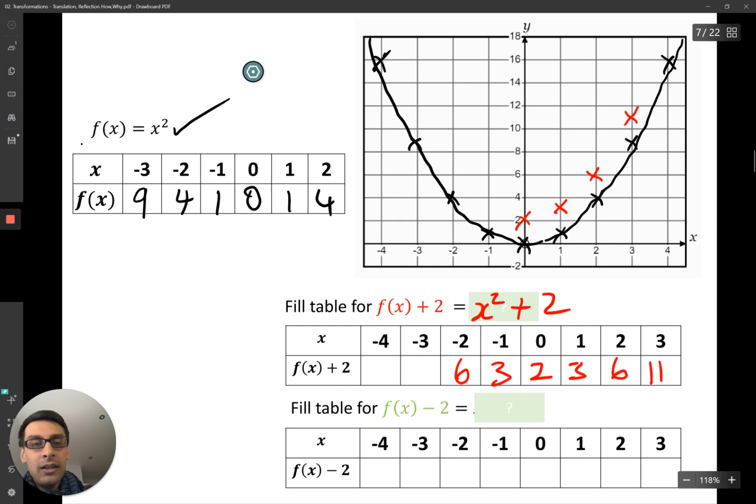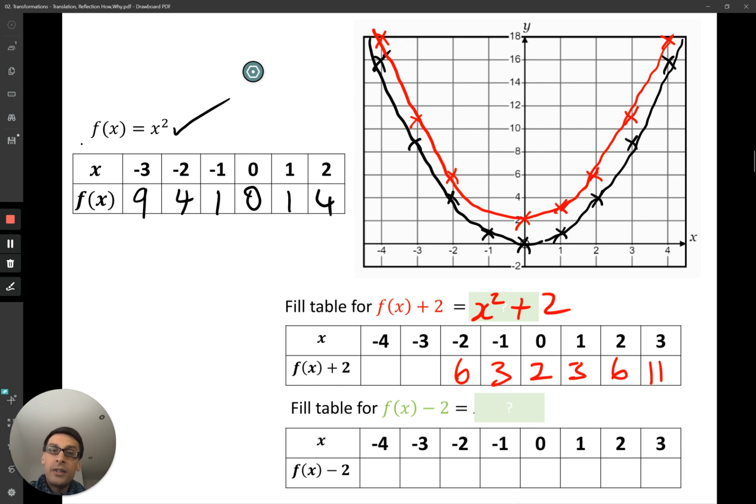And you can see something has happened here. I'm just going to plot the rest of the points, and if I connect these all up together in a lovely smooth line, you can see the graph has just shifted up by 2 units. All of the values here have just gone up.